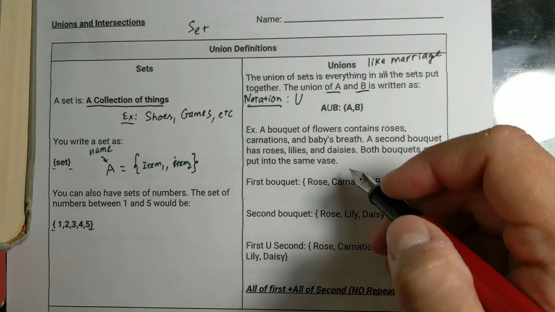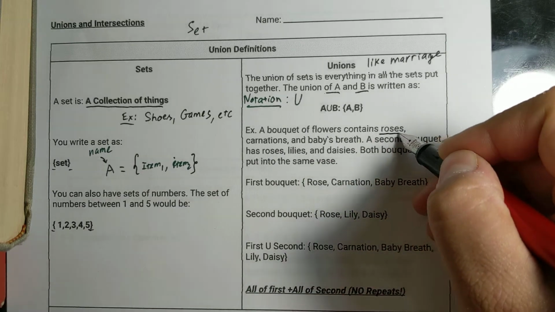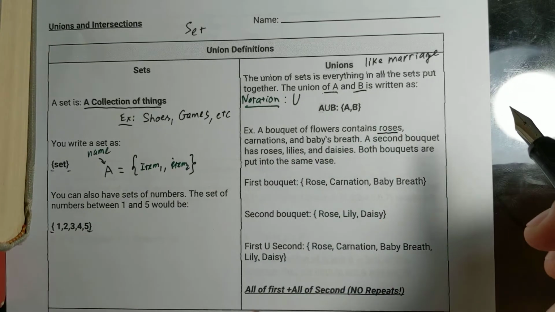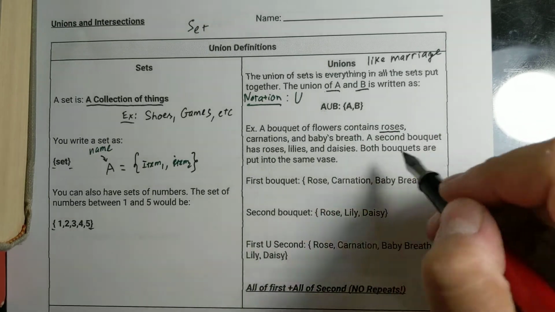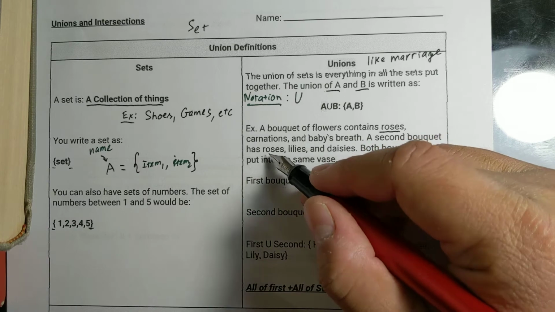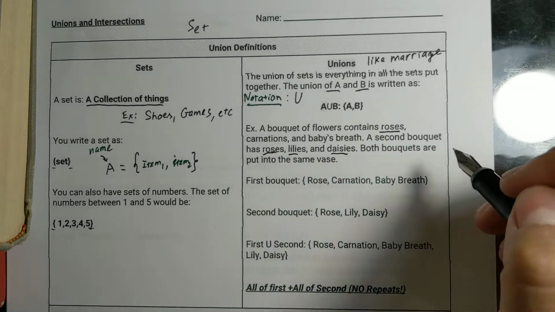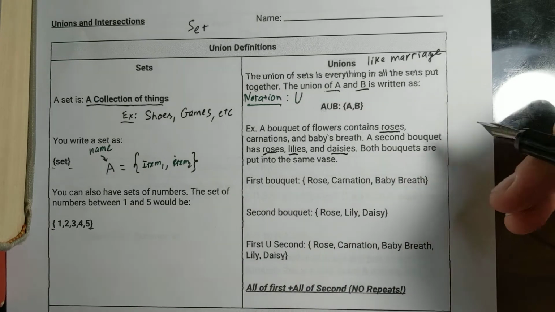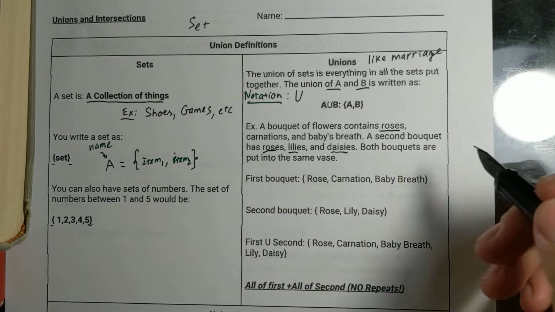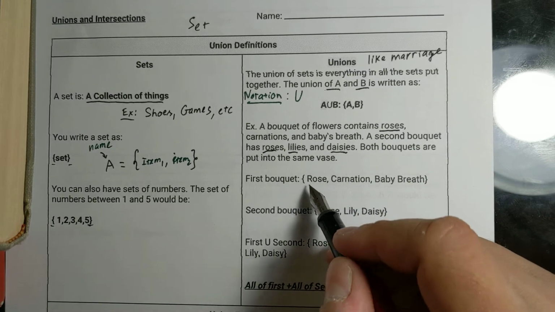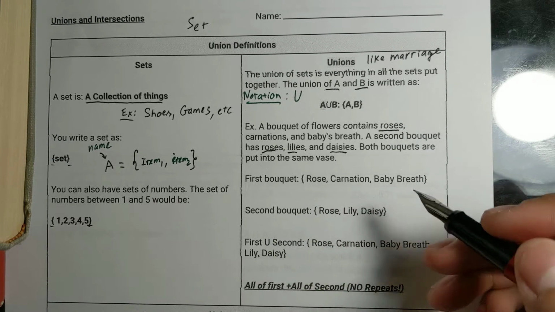Quick example down here. A particular bouquet contains roses, carnations, baby's breath, and a second particular bouquet has roses, lilies, daisies, put into the same vase. The first one is a collection of rose, carnations, baby's breath.